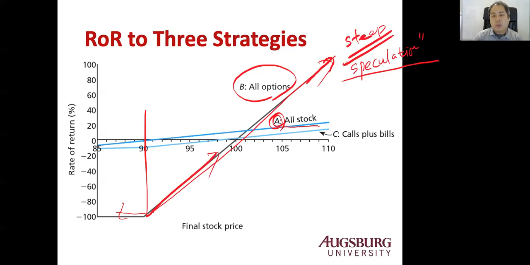So one way to use options is in a speculative way, so that you can pursue really high returns. Now the C part, you basically have some price, right? It's below, because you have to pay the option premium, but below 90, you basically keep the same value.